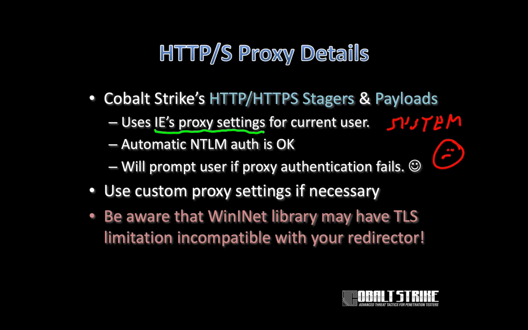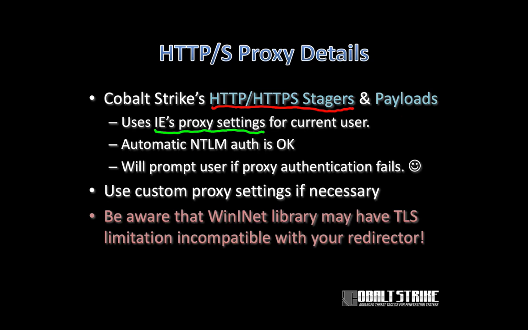So keep that in mind. The beacon payload, thanks to WinINet, will automatically authenticate to the proxy, and that works pretty well. One other thing is that the stagers, and only the stagers, will prompt the user if proxy authentication fails. This is one of those, I don't want to call it a hidden feature, but it's a feature that's there, particularly for assume breach exercises, to make sure your payload has a chance at getting out.